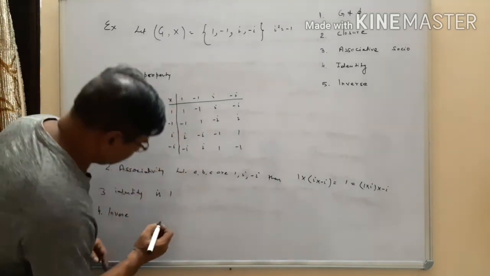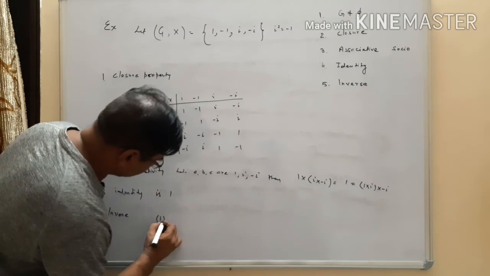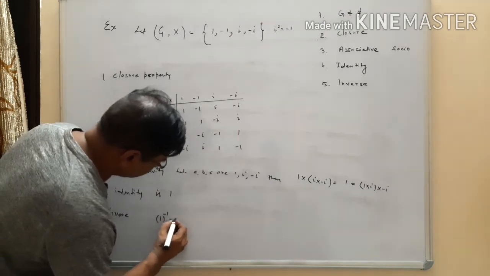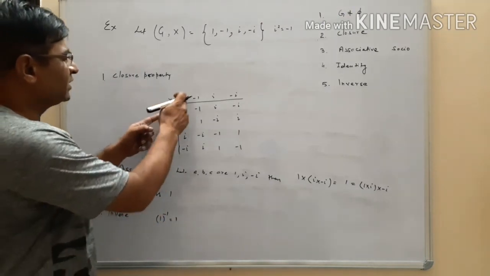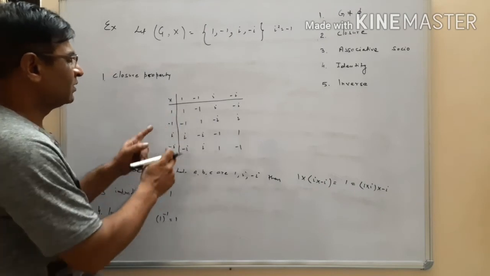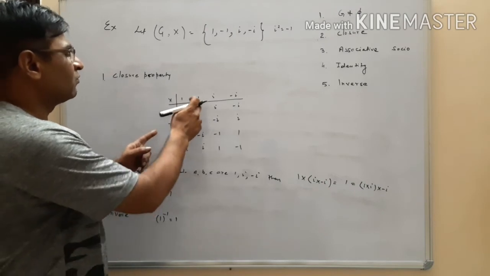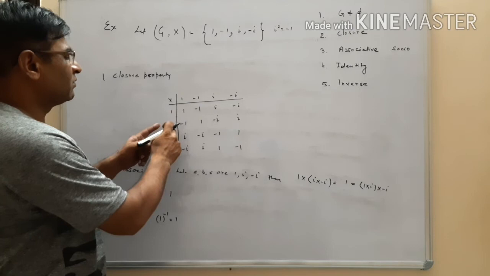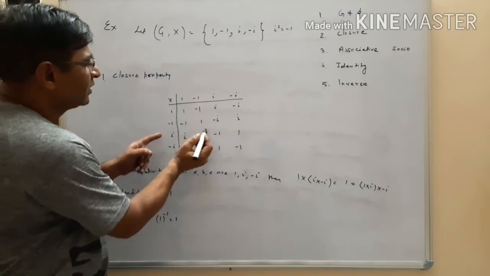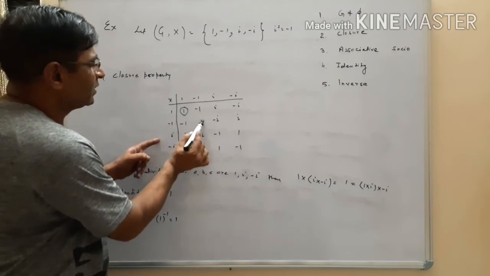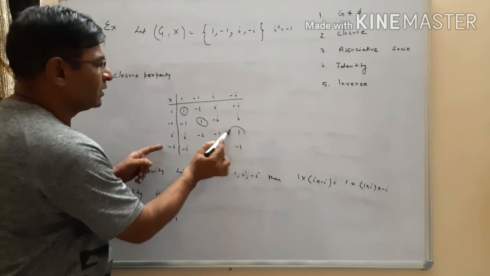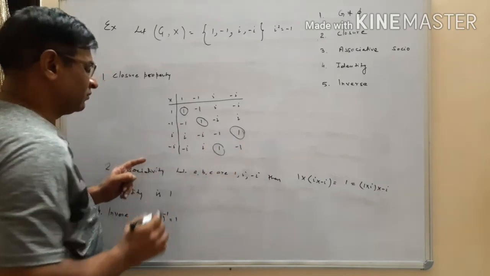The inverse of 1 is 1, that means when 1 is multiplied to 1 we get 1, and the inverse of minus 1 is the one that gives 1. So here is 1, here is 1, here is 1 and here is 1.